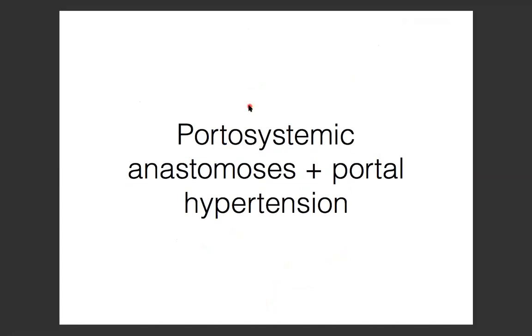What's important about the portal circulation itself is that there is something called portosystemic anastomosis and portal hypertension, which I mentioned today. Portosystemic anastomosis, what is it? We said they are the areas where the portal and systemic circulation meet. Okay. So there are areas in the body where there's meeting between systemic and portal circulation.